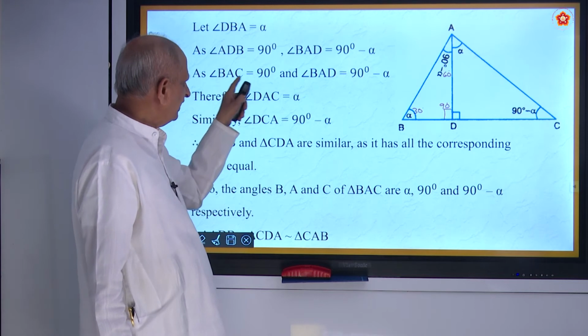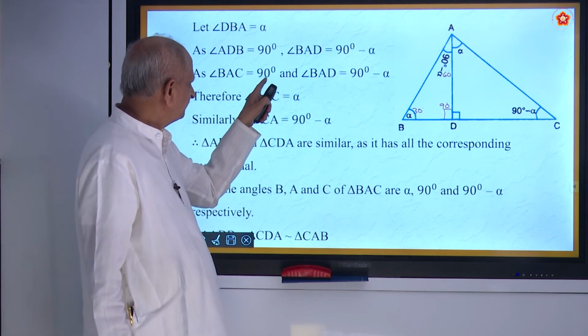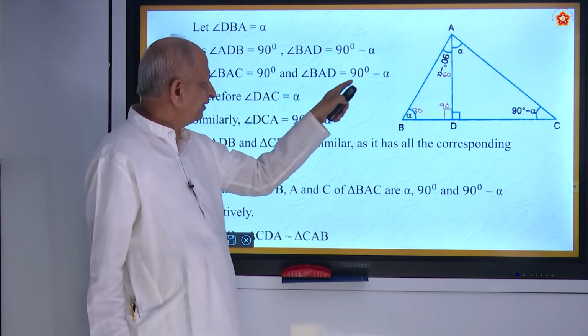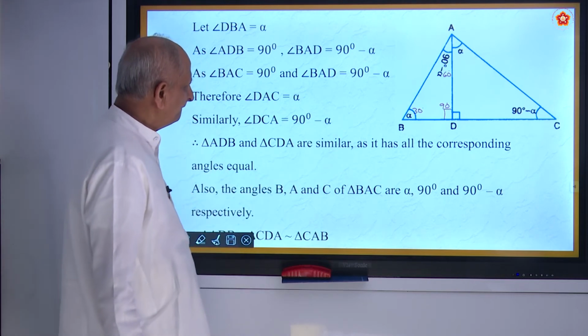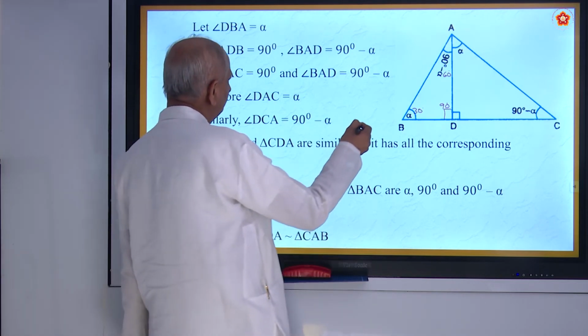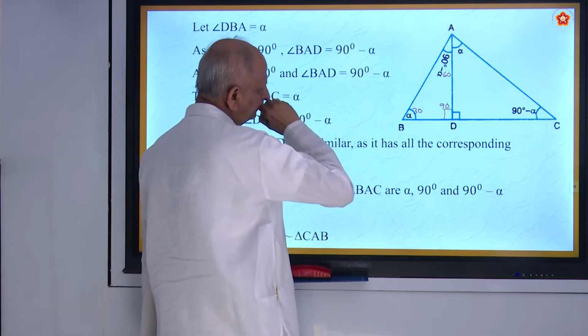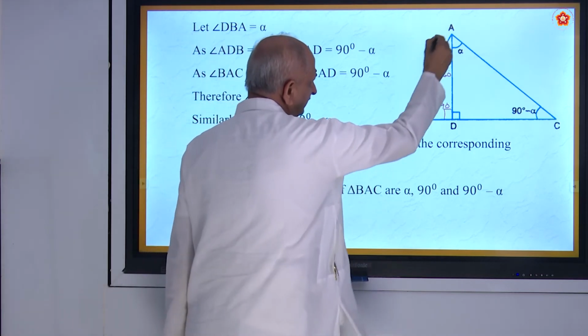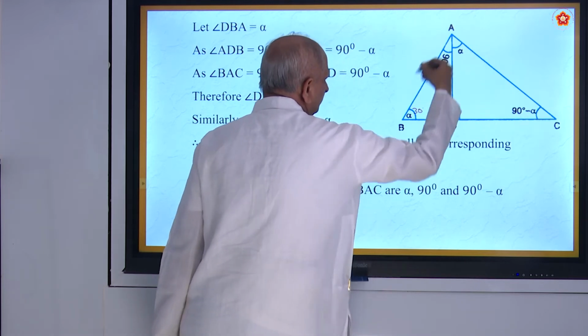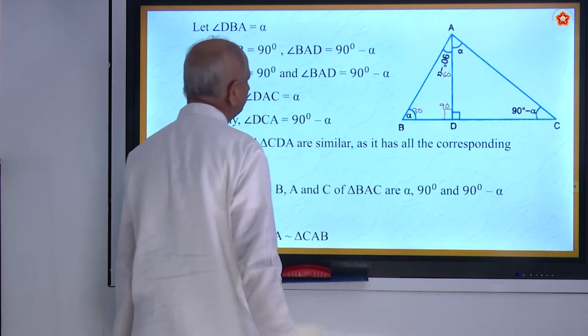And as BAC is 90, and BAD is equal to 90 minus alpha, so BAC is 90.